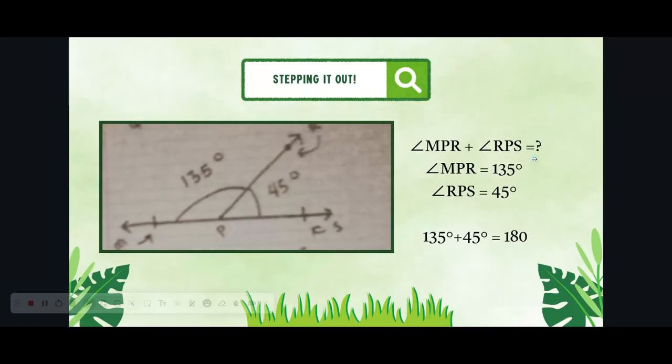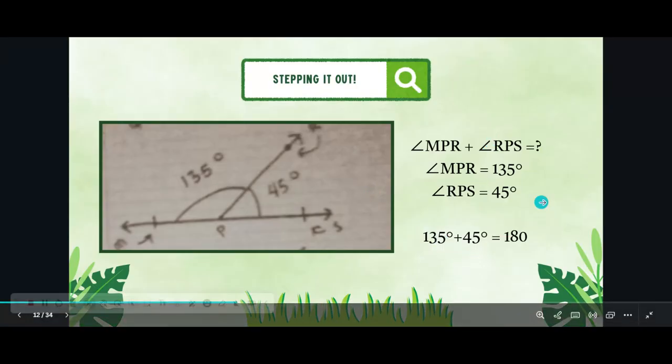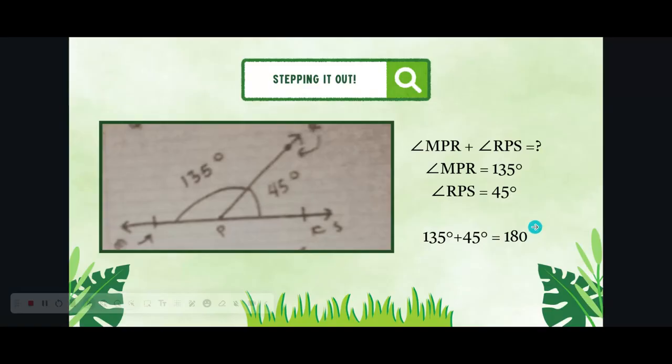We don't know if they're complementary, supplementary, or neither. So we find that angle MPR is equal to 135 degrees and angle RPS is equal to 45 degrees. Now substituting those into this equation, we find that 135 degrees plus 45 degrees equals 180 degrees.